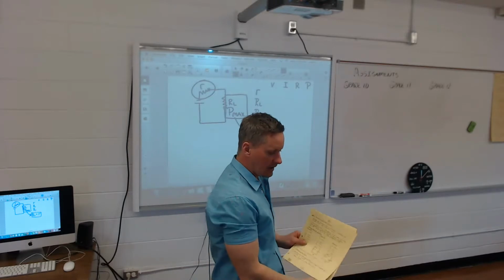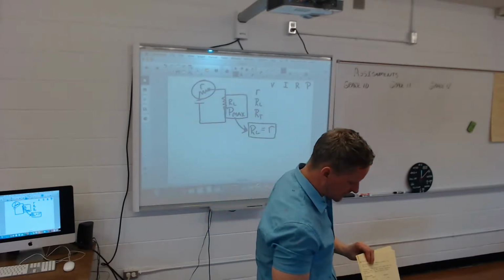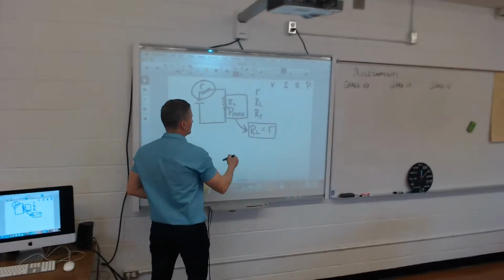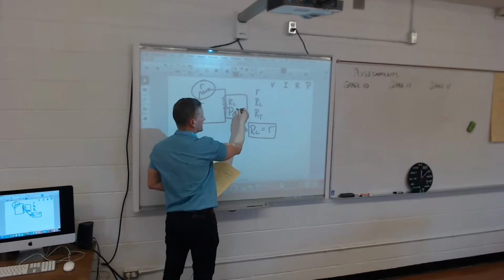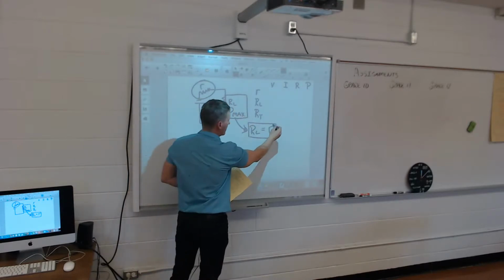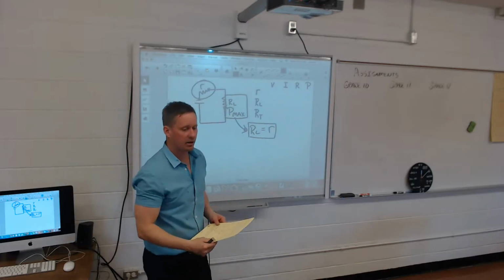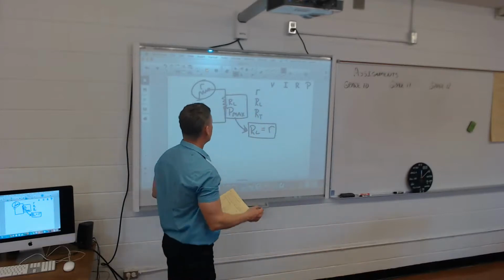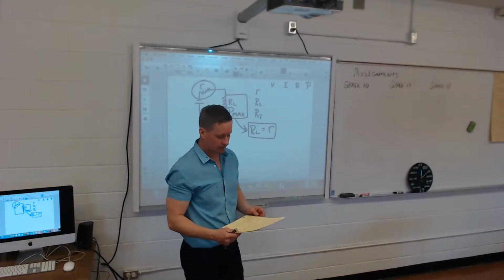So on number 5 on the sheet here, that's what this is showing. This just explains it using numbers. What you need to know is that if it asks you to find the load resistance, you change your load resistance from whatever they've given you to whatever the internal resistance is. And if they're equal, that's how you get the maximum power to the load.